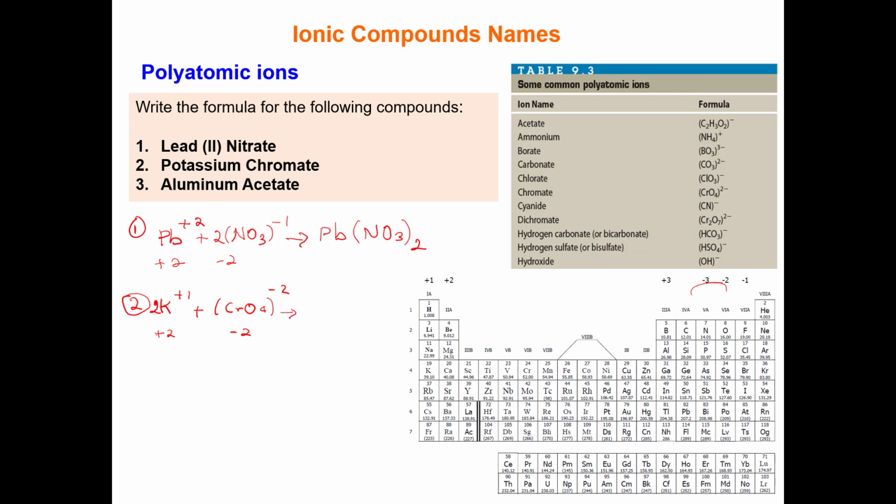Now just go ahead and write the formula. Potassium first, because it's the metal. Because we need 2 potassiums to get the neutral compound, we will write 2 here, and then just the polyatomic ion. We don't need the charges in the formula.